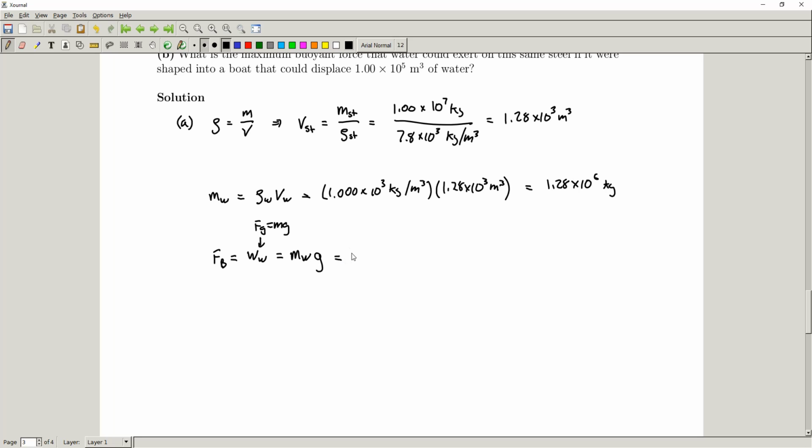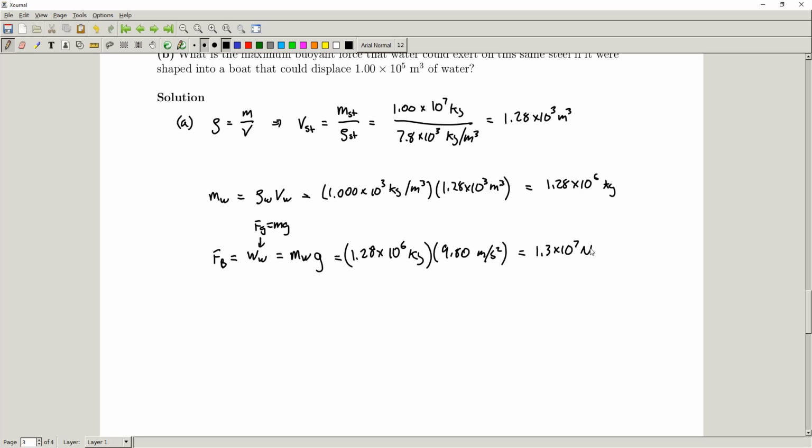That's just going to end up being 1.28 times 10 to the 6 kilograms, times our gravitational acceleration. Okay, and if we do that calculation, we find a buoyant force of 1.3 times 10 to the 7 newtons.